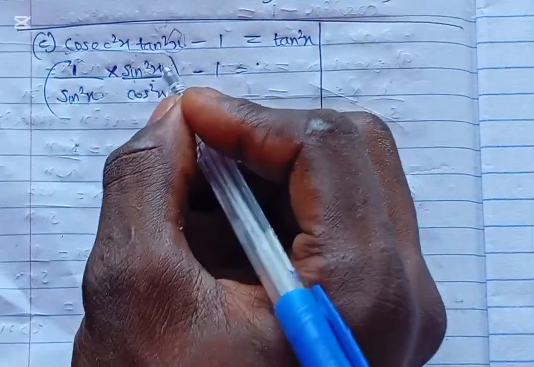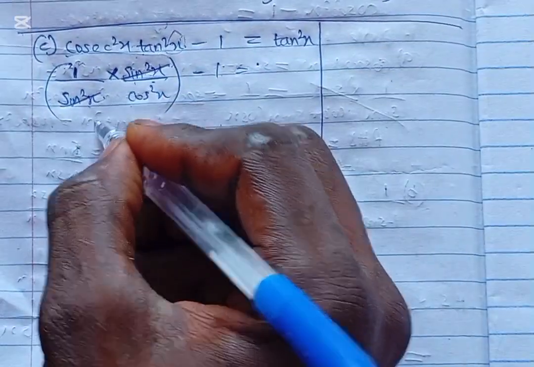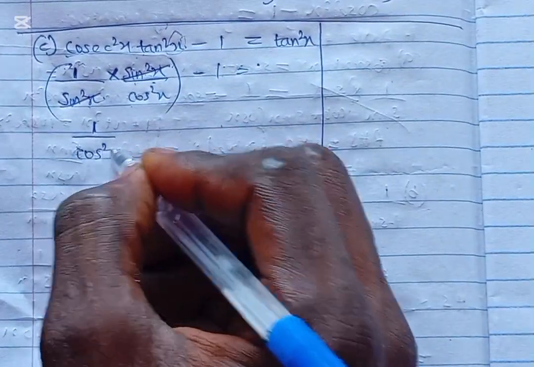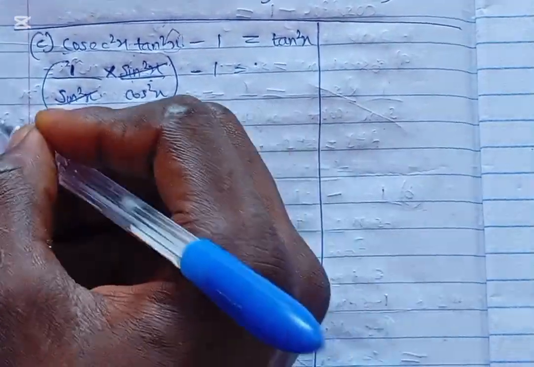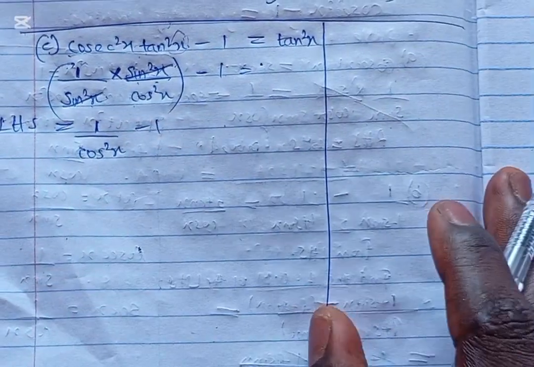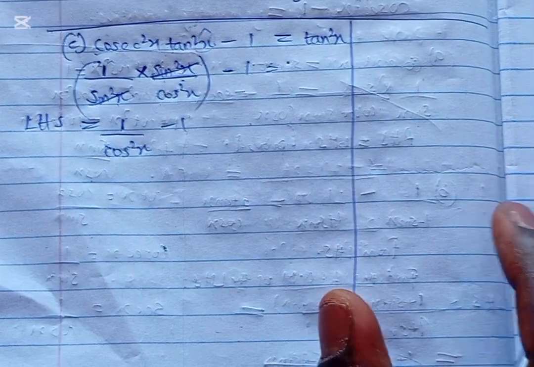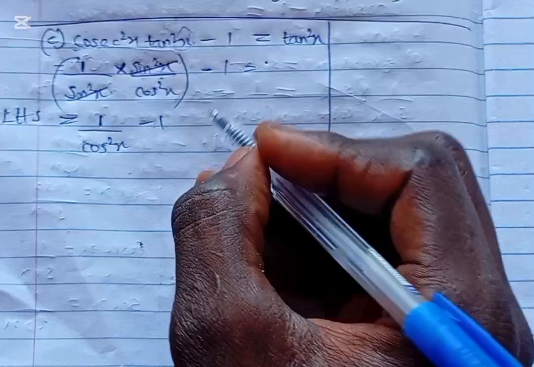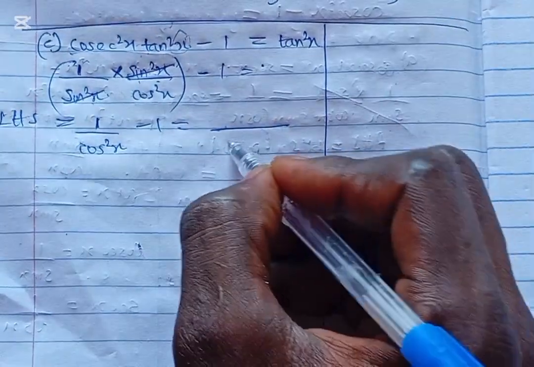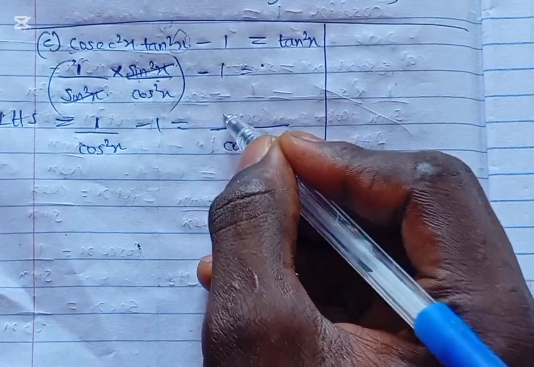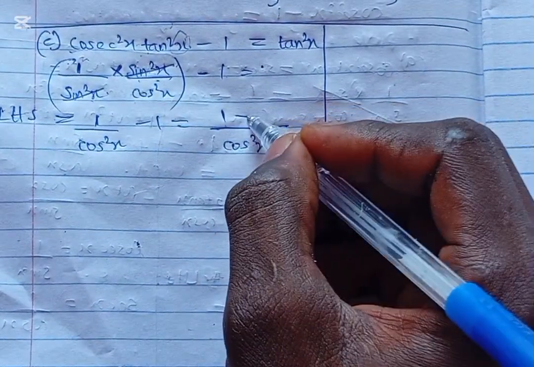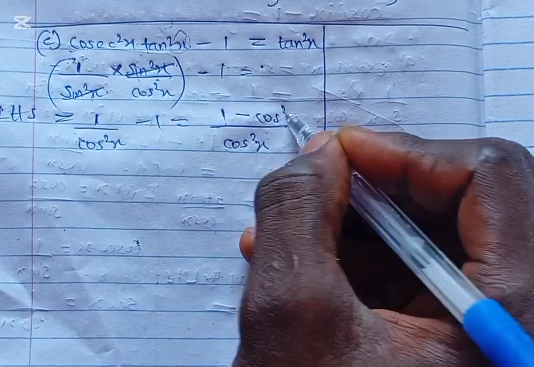Now this one will cancel this one. I have something of 1 over cos square x minus 1, because I'm dealing with the left hand side. I can find my LCM by saying cos square x is equal to 1 minus cos square x.